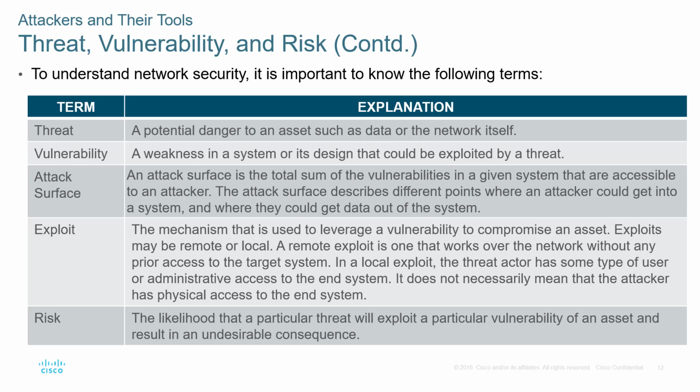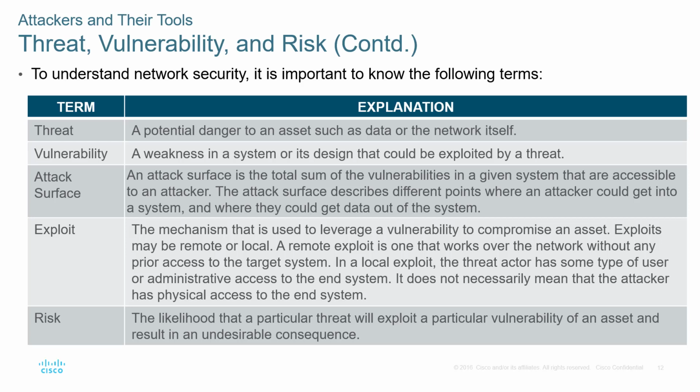Risk is the likelihood that a particular threat will be exploited by a particular vulnerability of an asset and a result for whatever consequences there are. Risk, how I like to describe risk, is likelihood of something occurring. Normally we look at it in the lens of a threat being exploited, but risk is likelihood, essentially.